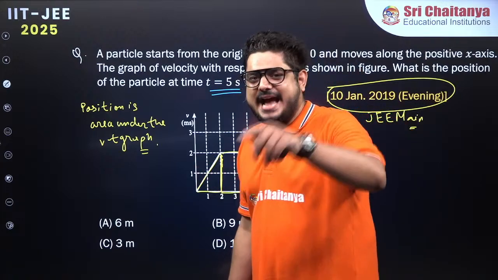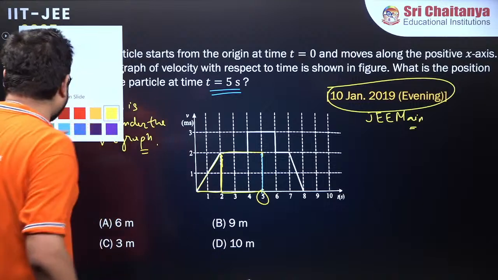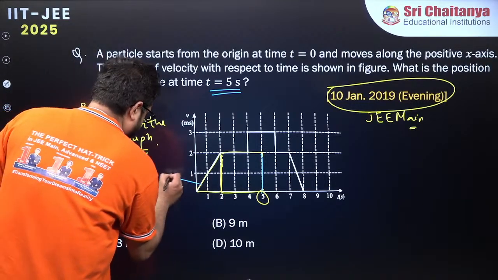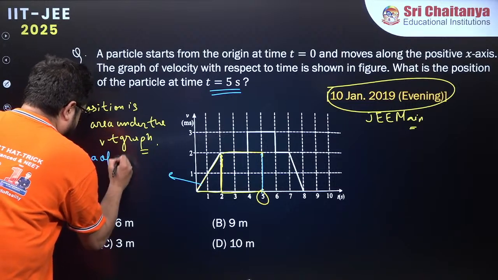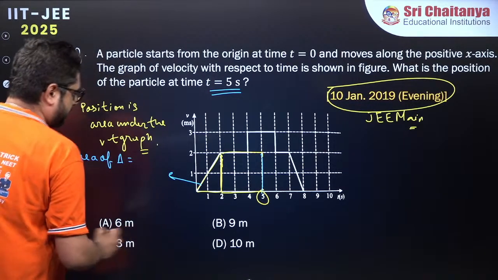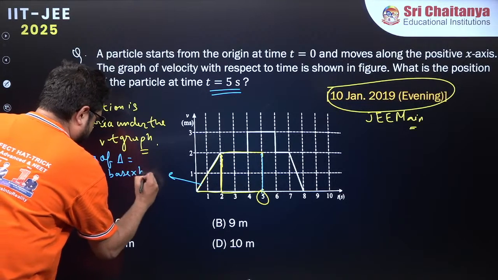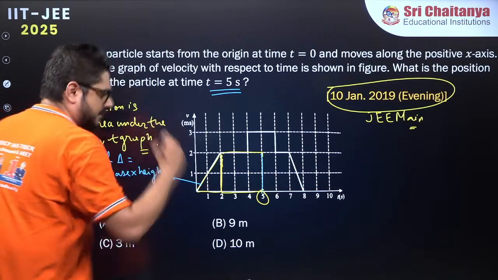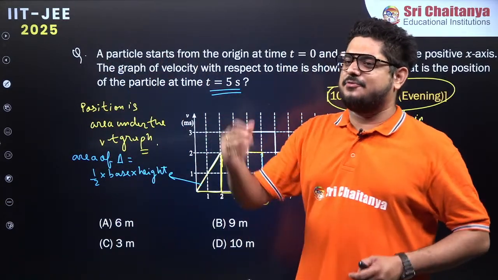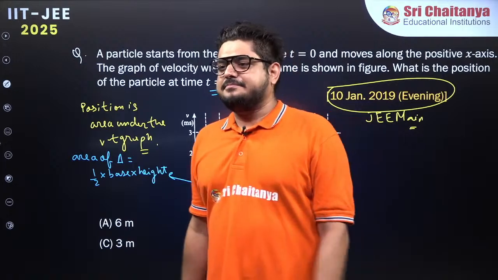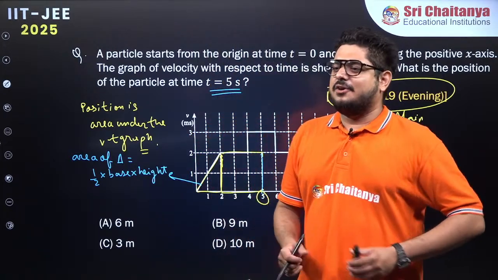Can you all find the area of this triangle? This is based upon your class 10th knowledge, isn't it? The area of the triangle is half into base into height. Those who are aware of the formula, give me a thumbs up. That's going to be the area of the triangle.